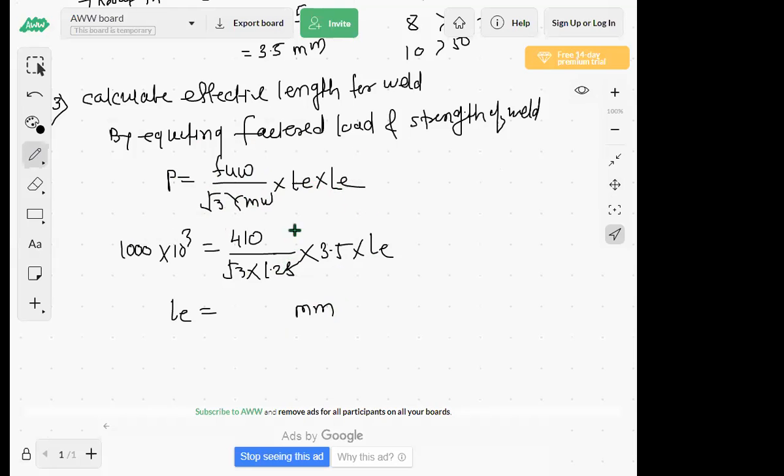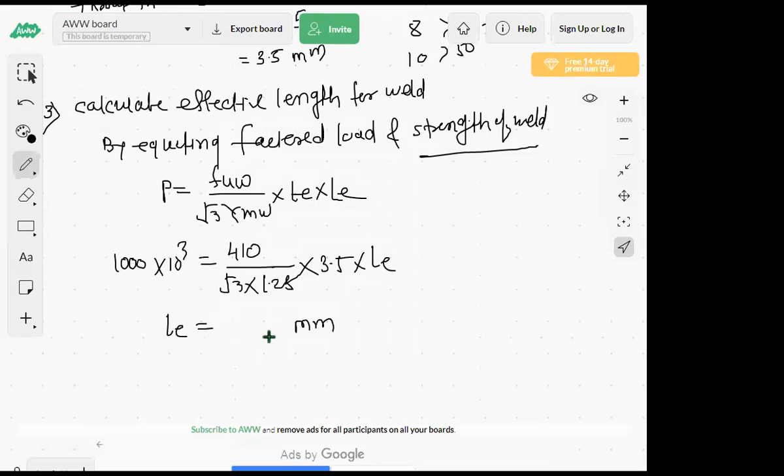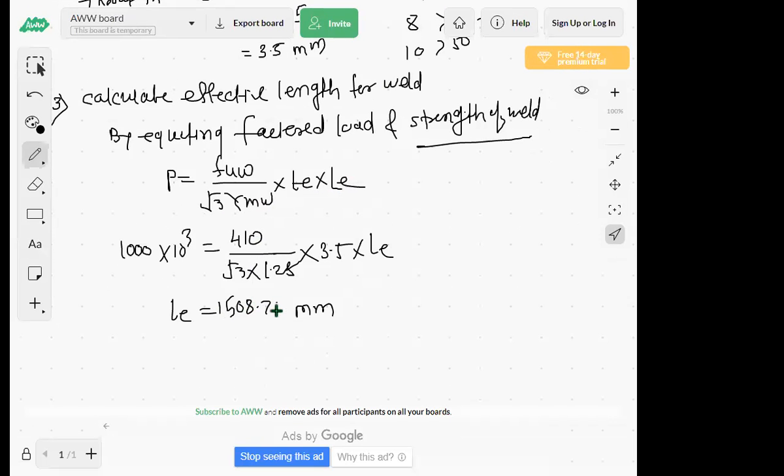The strength of weld formula is also asked many times in MCQs: strength of weld FUW divided by under root of 3 gamma MW into T into LW or LE. So how much is the effective length? 1508.75. This is the effective length.